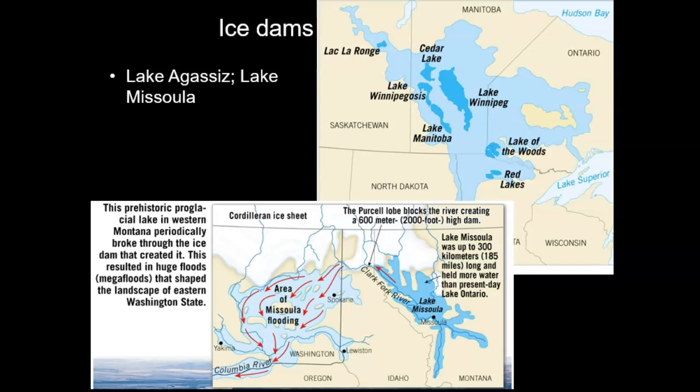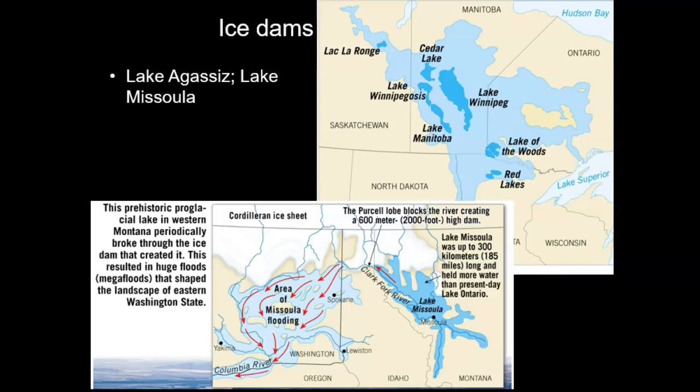For example, former shorelines and beaches can be observed. There are remnant lakes from where the main proglacial lakes used to be, so they're still within the landscape. And then there are some other features from the flooding as well. Examples of the remnants of Lake Agassiz are Lake Manitoba or Lake Winnipeg, just to name a couple.